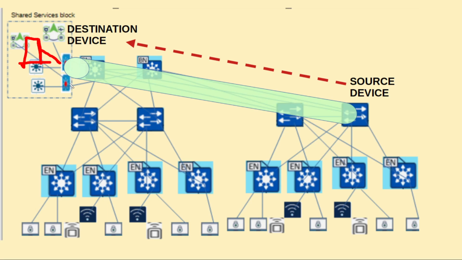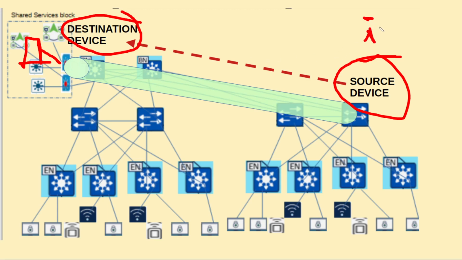You are not bound now to connect these servers locally or within your layer 2 part of your network. As long as your source device and your destination device support IP and ERSPAN, you can now have more freedom in order to locate your servers anywhere.